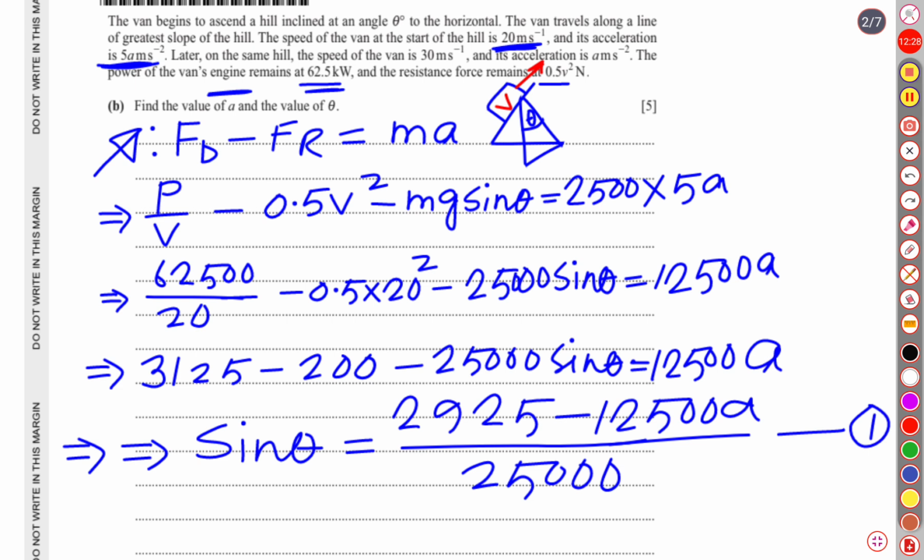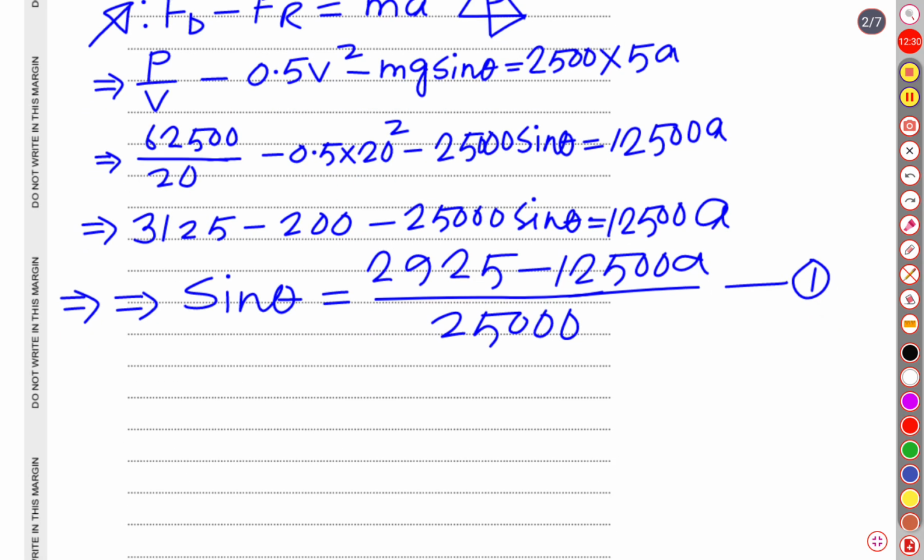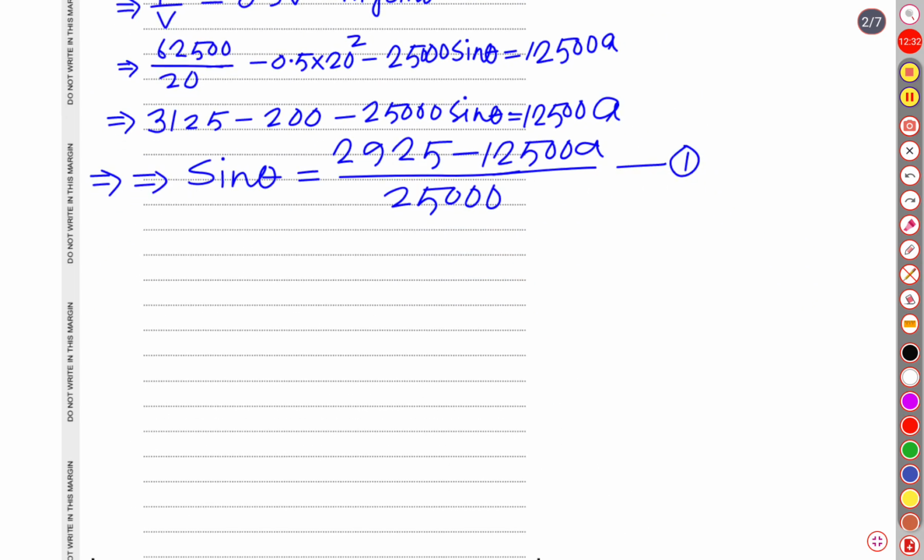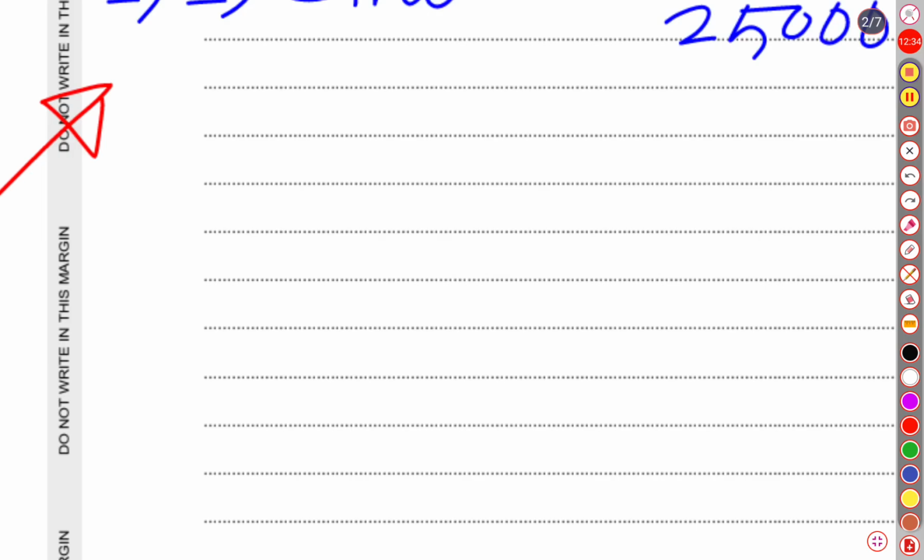Then, as the direction is the same, we apply the same concept. For the second phase of the journey, it is still moving in the same direction, traveling on the inclined mountain. Driving force minus resistance to motion is equal to mass times acceleration.